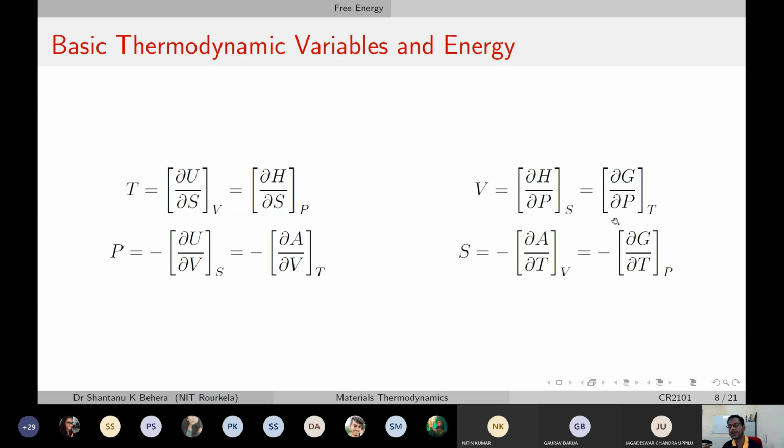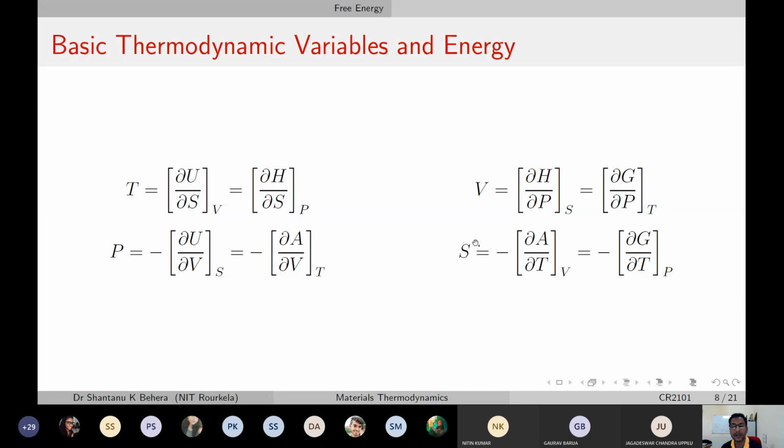You know, del G by del P at constant temperature would be volume, but then del G by del T at constant pressure would be the negative of entropy, or entropy is the negative of the partial of G by T. Okay. So what does it mean physically?